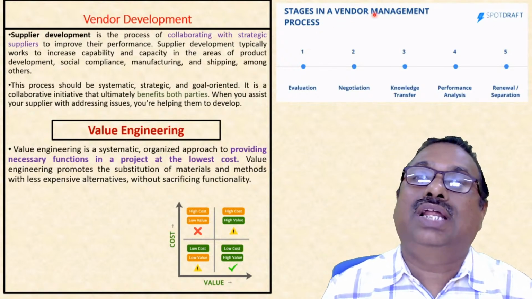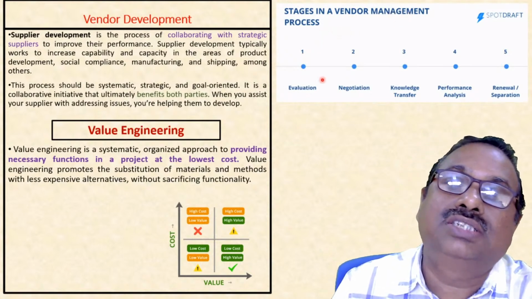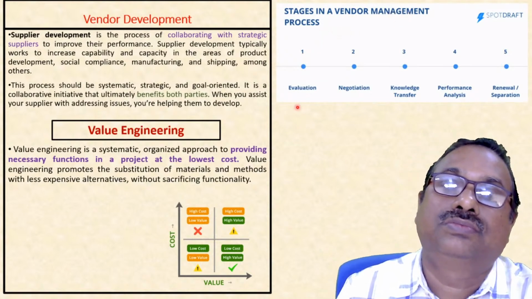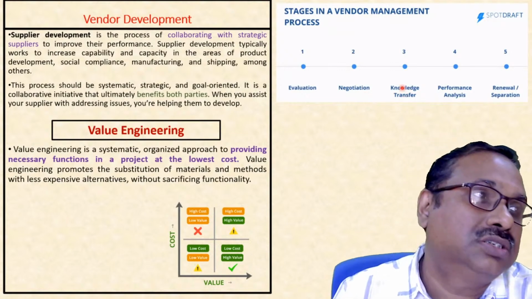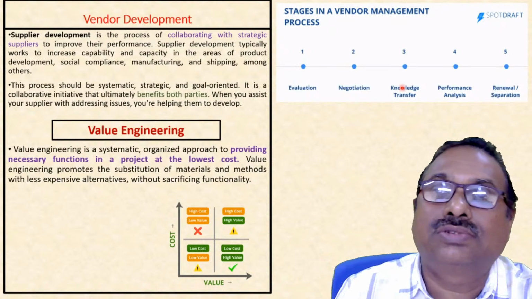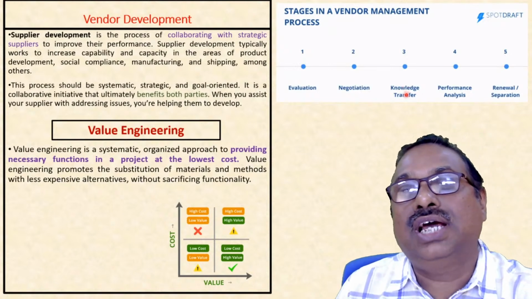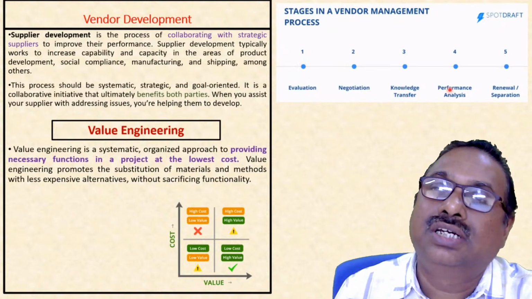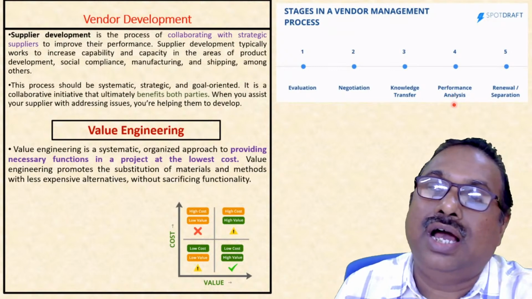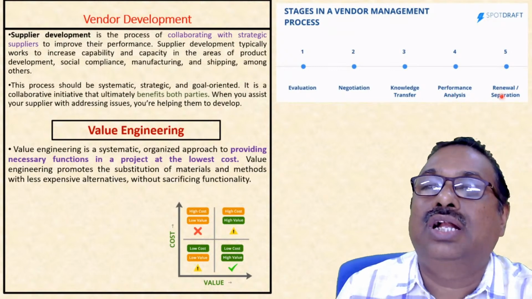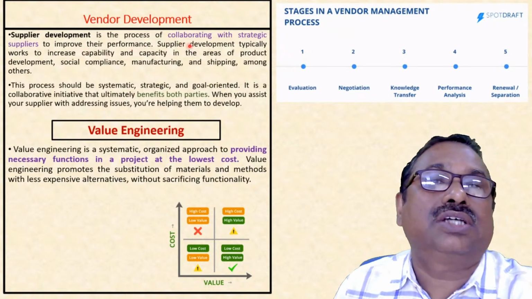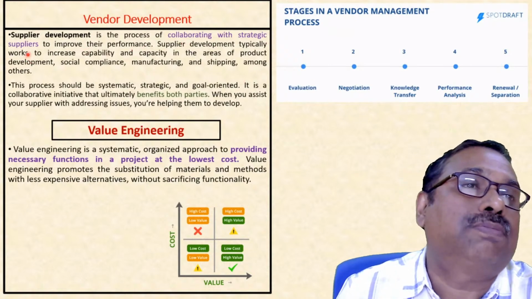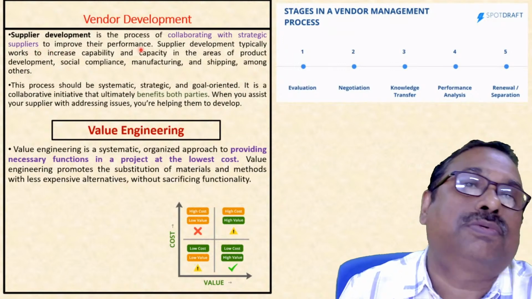So there are stages in the vendor management process. First is evaluation, then you negotiate, then you transfer the knowledge, because you have some expertise, you share your knowledge and expertise, then performance analysis, then renew or separate. So it is the process of collaborating with strategic suppliers to improve their performance.